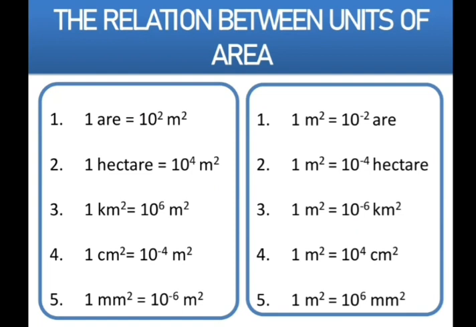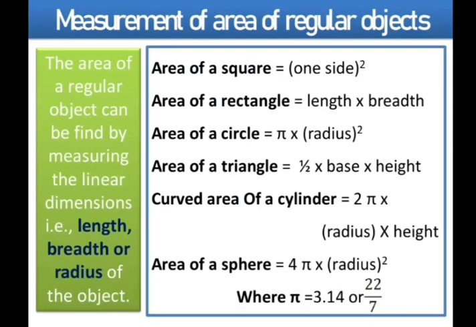Similarly, you can learn this whole relation also by converting from one form to another form. If we know the relation between the acre and the meter, we can write 1 acre is equal to 10^2 square meter or 1 square meter is equal to 10^-2 acre. Fine.